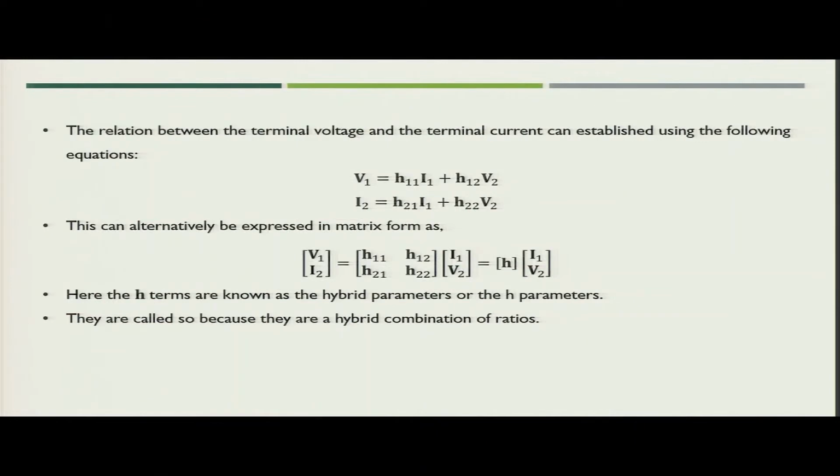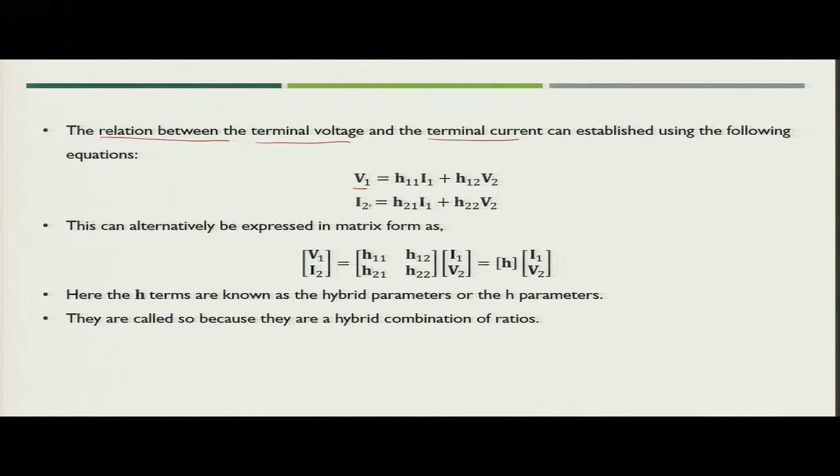Now, how will we define the relationships between the terminal voltages and the currents? In case of H parameters, we will say that V1, that is the input port voltage, will be related to input port current and output port voltage as H11 I1 plus H12 V2.